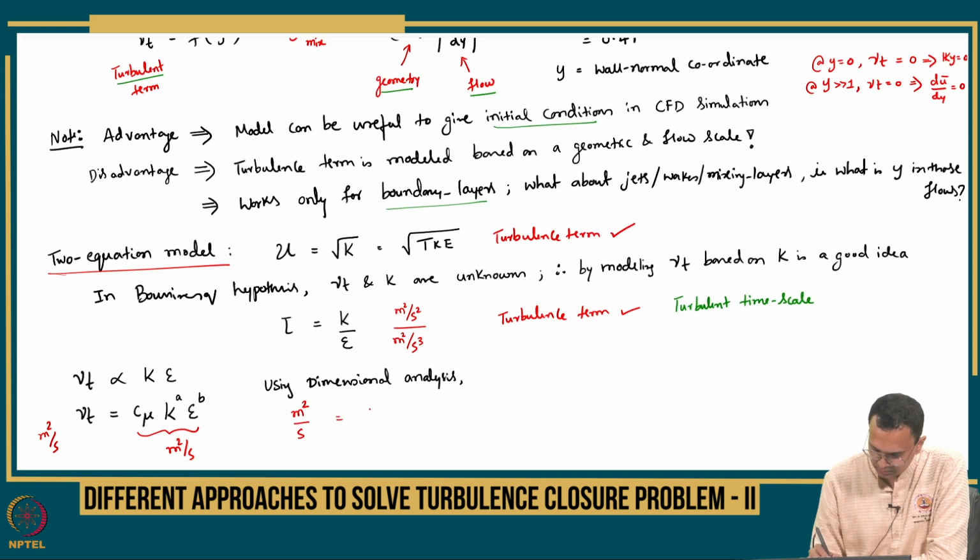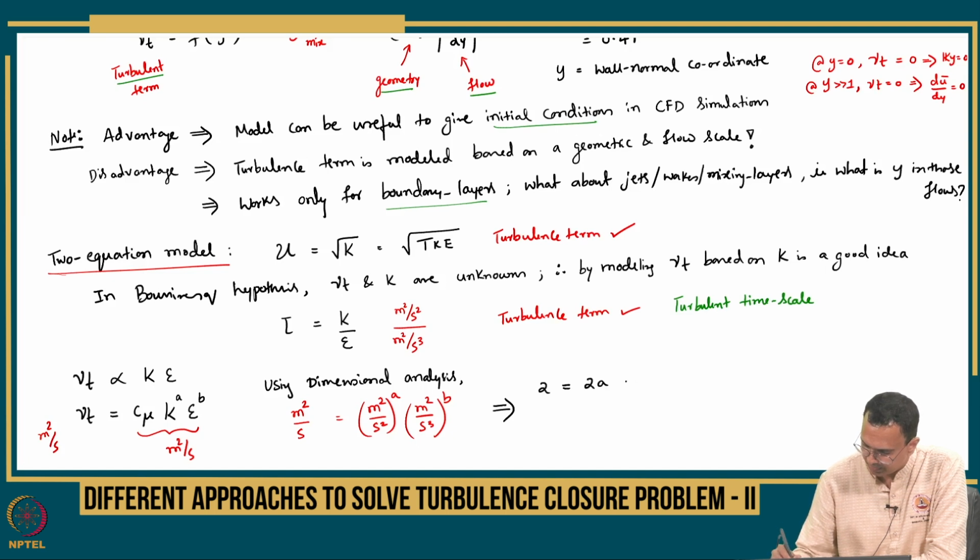On the right hand side I have meter square per second square to the power A, meter square per second cube to the power B. So I get two equations: 2 equals 2A plus 2B, that's for the meter, and for the second I get minus 1 equals minus 2A minus 3B.